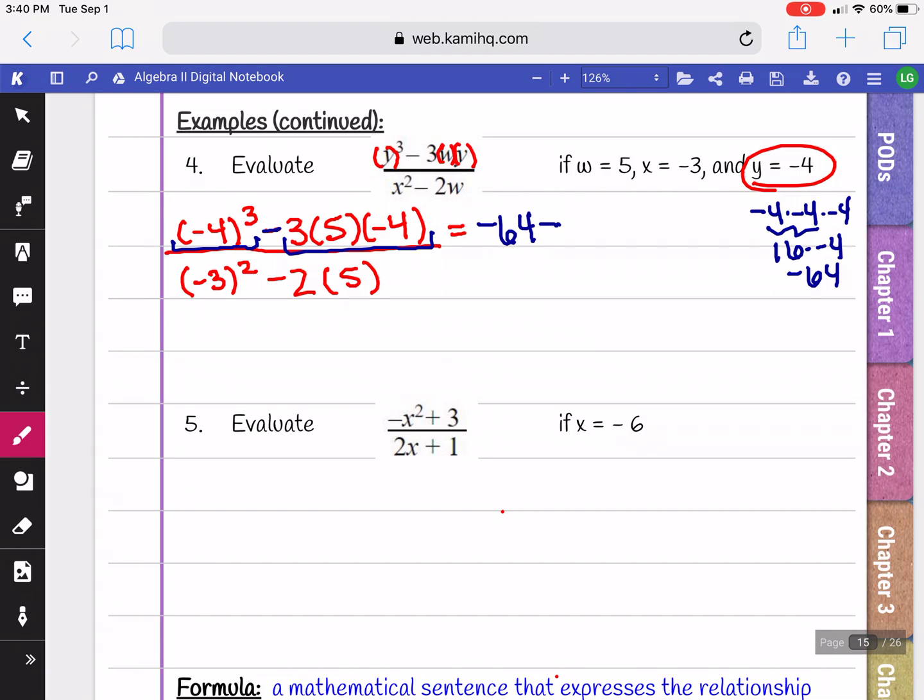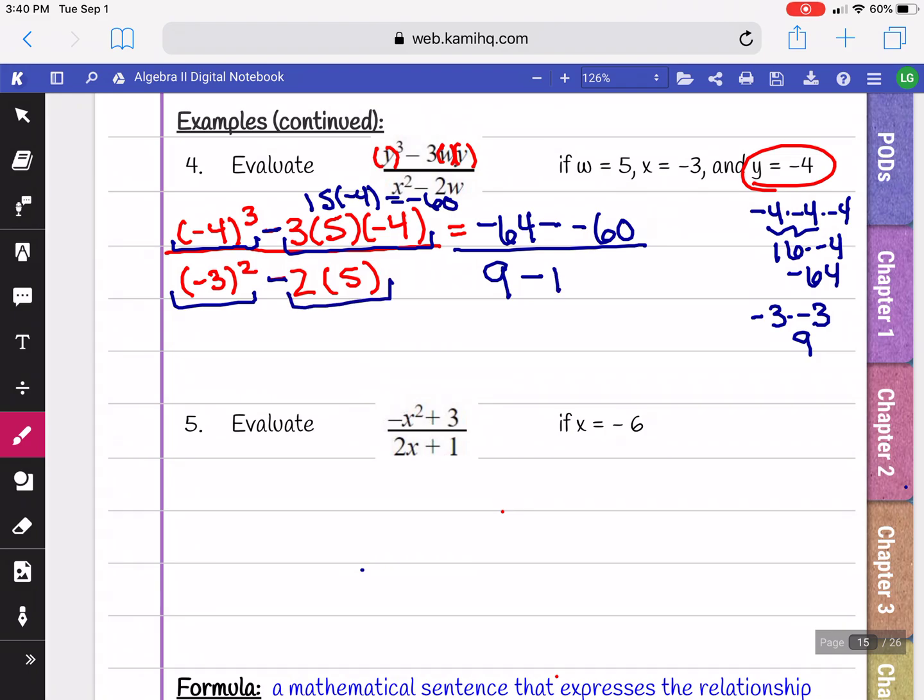So 3 times 5 is 15, and 15 times negative 4 equals negative 60. So it's minus negative 60. On the bottom, negative 3 squared means we're doing negative 3 times negative 3, which is 9. Then minus 2 times 5 is 10.